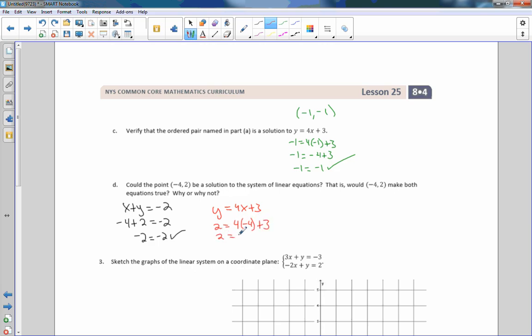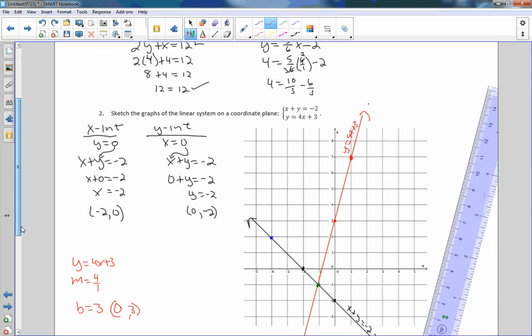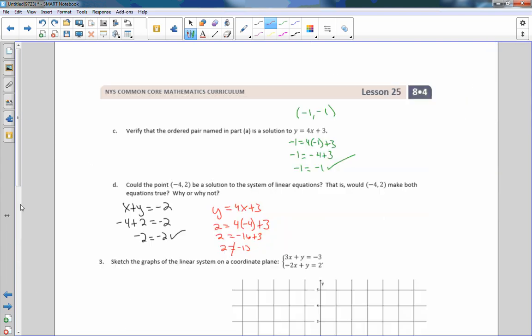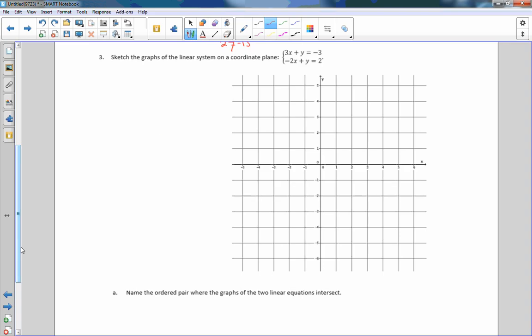So 2 equals -16 plus 3. So therefore 2 equals -13. No, it doesn't. Therefore it's not a solution. So that point should not be on the red line. But since it made this true, it should be on the black line. So if I go back and look, sure enough, that blue point is on the black line, but not on the red. Okay, so one more time.